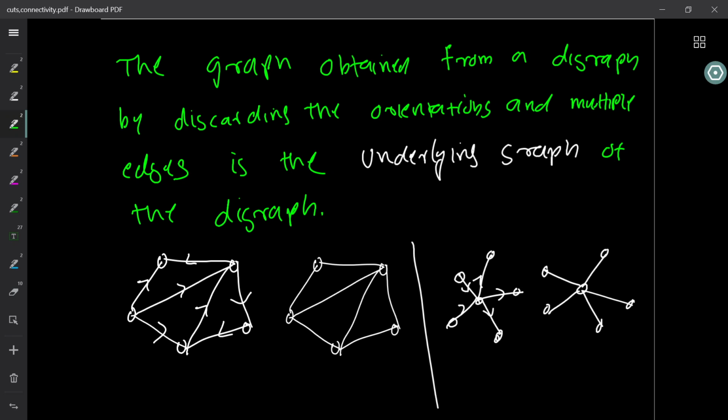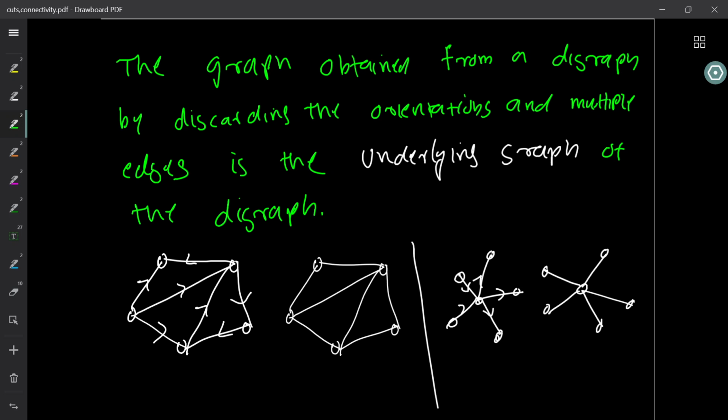Now, in some cases we will only consider the simple graphs as the underlying graph, but in some cases one can look at the multiple edges also. But for the time being, we will assume that we will discard the multiple edges and orientation.